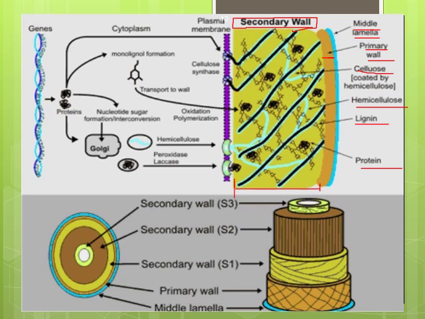In addition to this, we discussed that in the secondary cell wall we have three layers in tracheids and fibers. These three layers of the secondary wall are indicated as S1, S2, and S3.